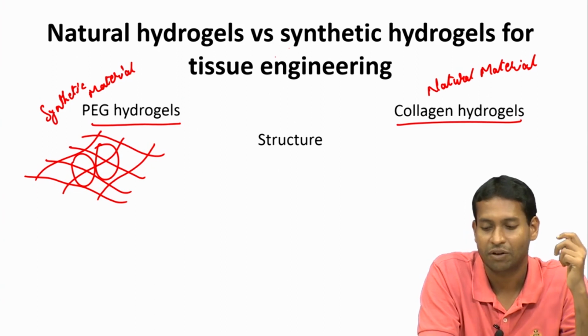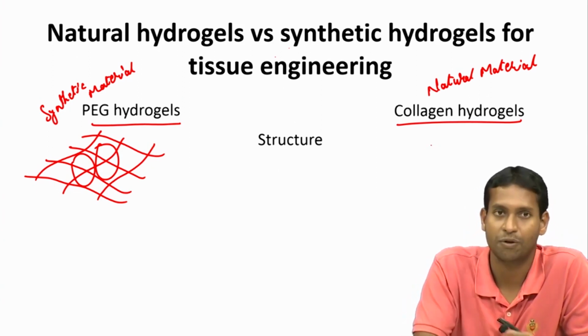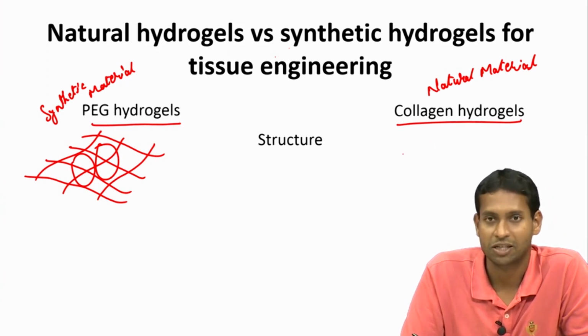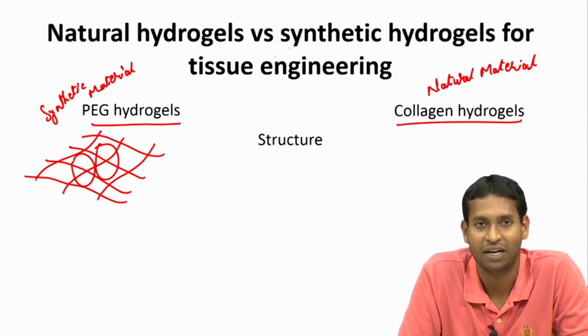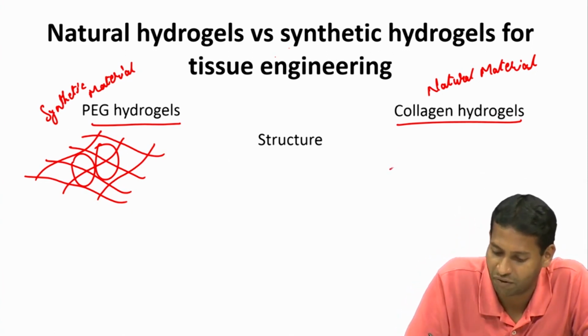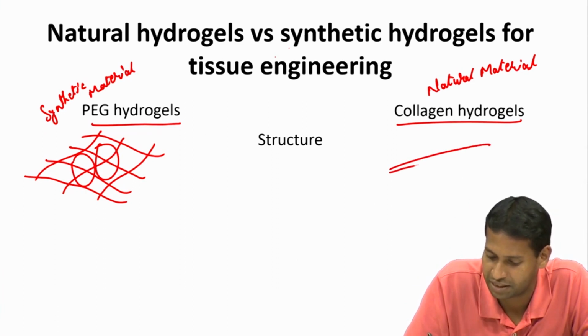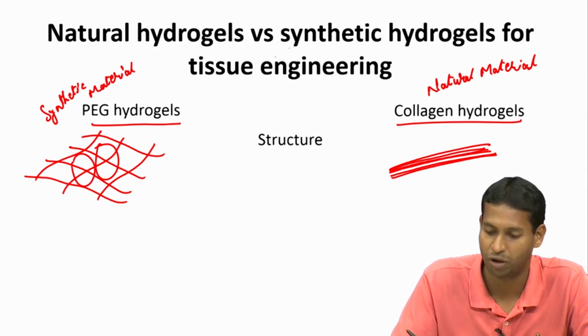Whereas with collagen hydrogels, if you use the same number of chains of collagen as you use for PEG, collagen actually is known to form fibrils. Most ECM proteins that we find in the body form thick fibers, and the way they form thick fibers is that several single chains come together and cause a thick fiber to form.